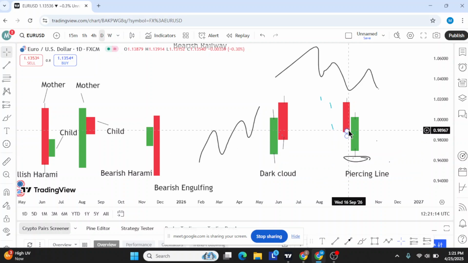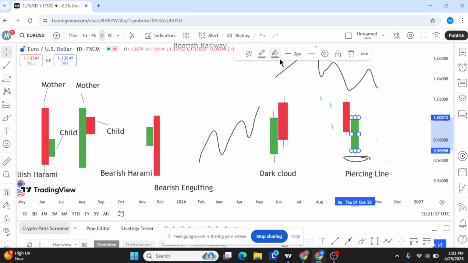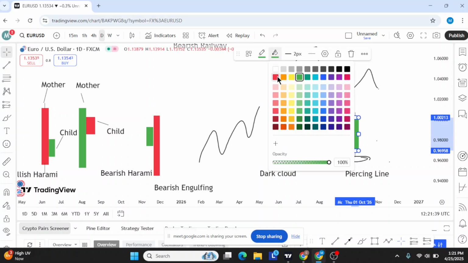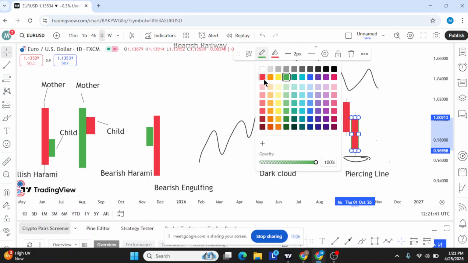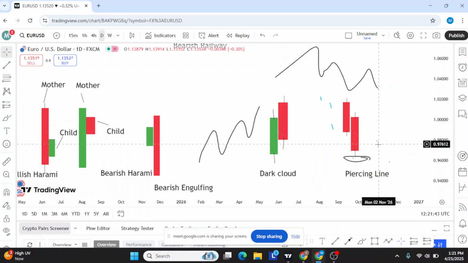You can see the candle opens here, the buyers try to push the price up, the sellers came in and tried to push the price down again. But eventually when this candle closes, it closes here. Normally, if this candle was to close bearish, we want to see a bearish candle. And don't forget, the color of this candle matters.